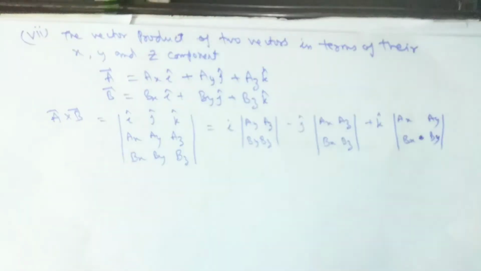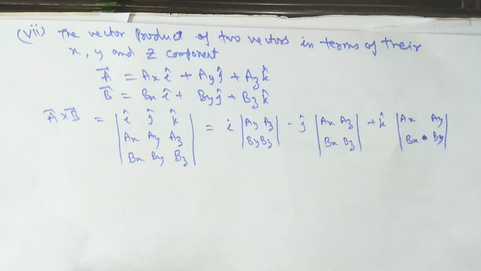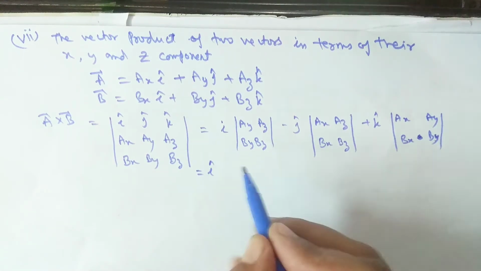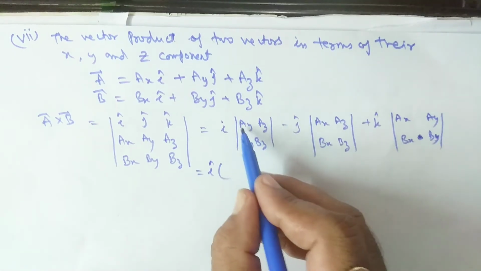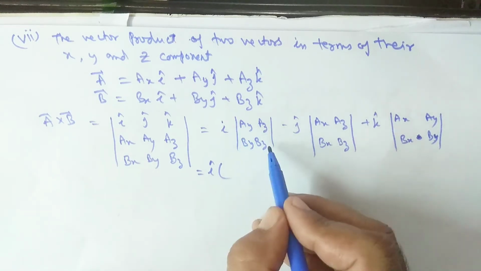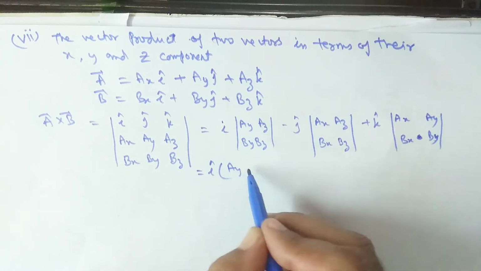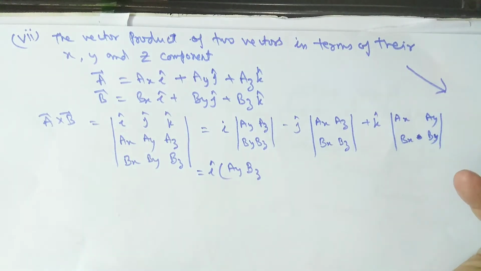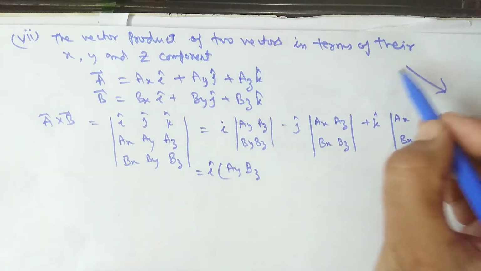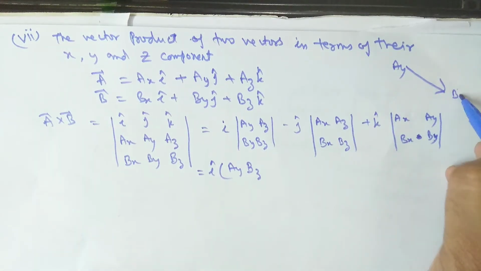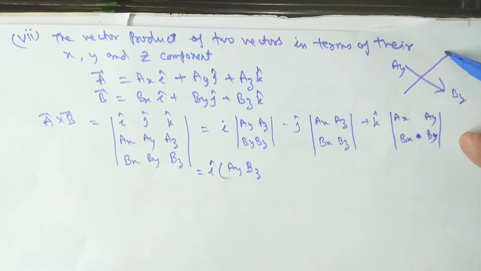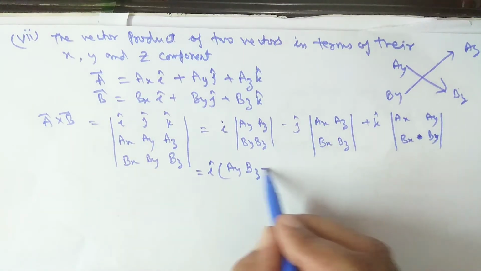Now in the second step, see what you will do. First write this one: multiply Ay Bz, and with a minus sign, By Az.